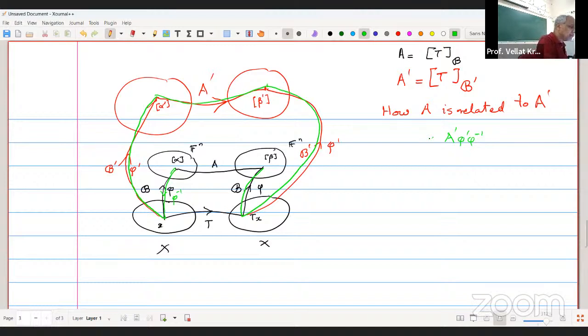Phi prime inverse. And then you apply phi. This is equal to A. Okay? This is the relation.